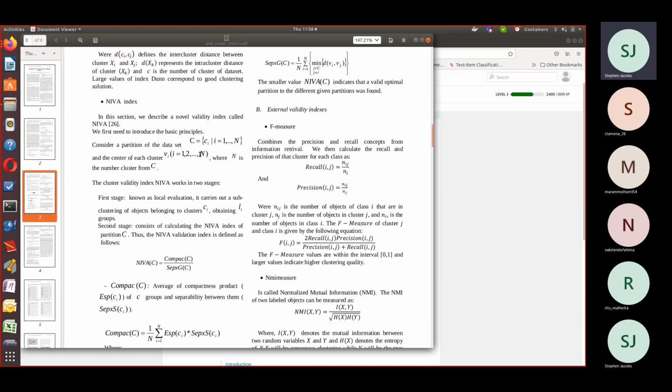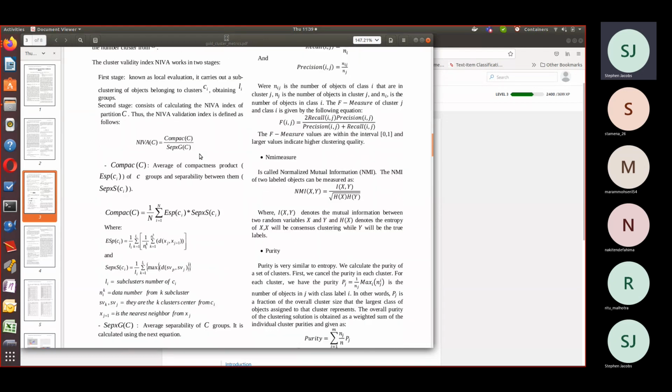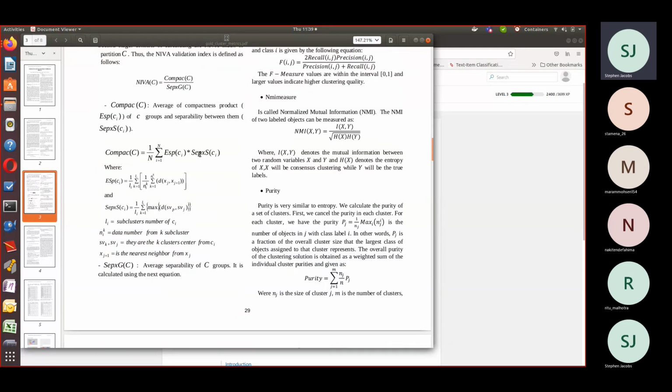And then there are external ones, which are mostly called F-measure. We talked about F-measure in terms of recall and precision. So that wasn't just in Azure. That's a general term used throughout the whole of the clustering world, and it shows you directly how to calculate it.